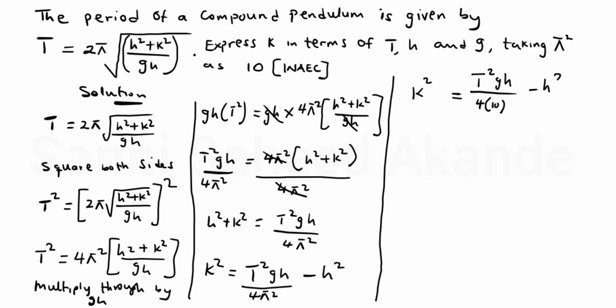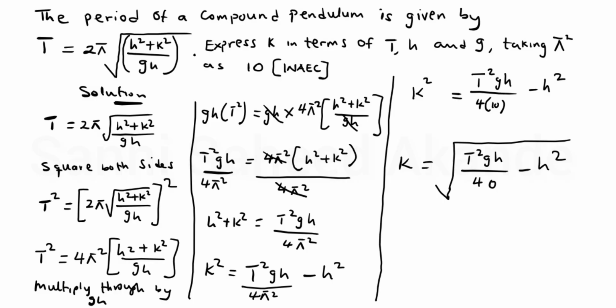So now we want to get rid of this square on this k. What we are going to do is to take the square root of both sides. So you are going to have k equal to the square root of t squared gh divided by 4 times 10, which is 40, then minus h squared. And that is it. This is our final answer. So we have successfully made k the subject of our formula. Is that understood? So let's continue.